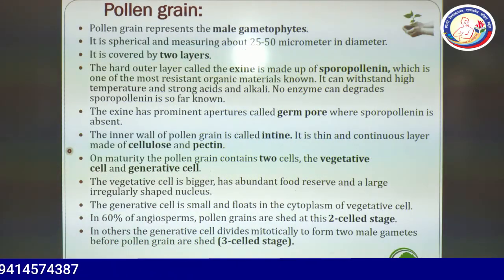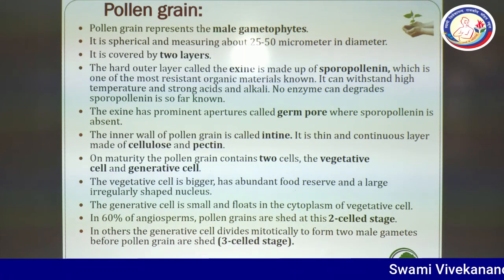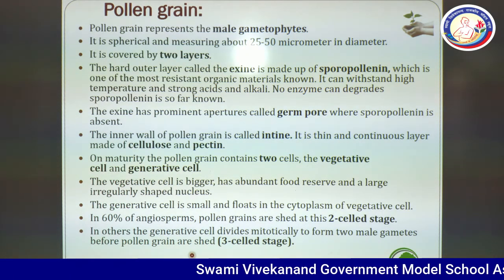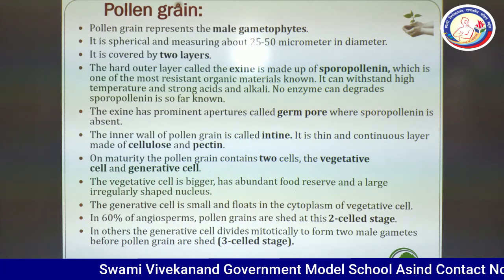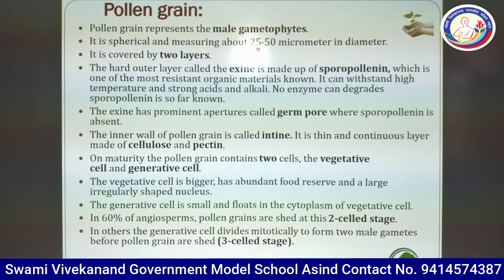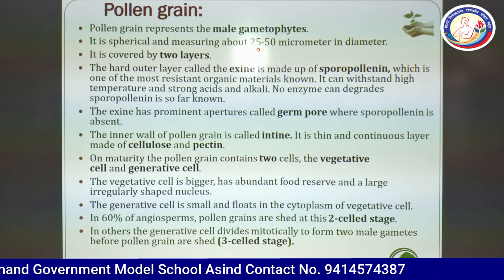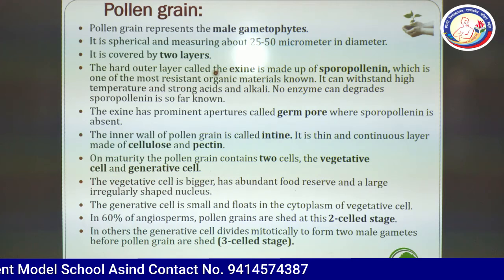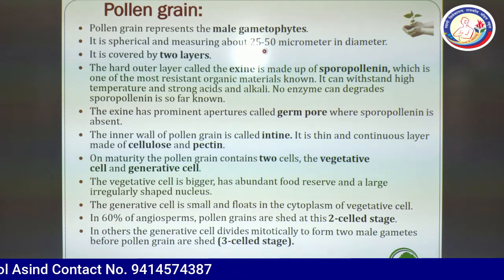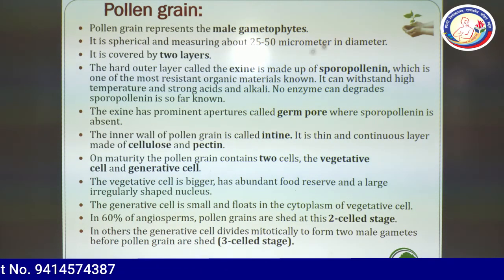So students, this is the important description of pollen grain. Pollen grains represent the male gametophyte, and generally these are spherical in structure, and it measures 25 to 50 micrometers in diameter.